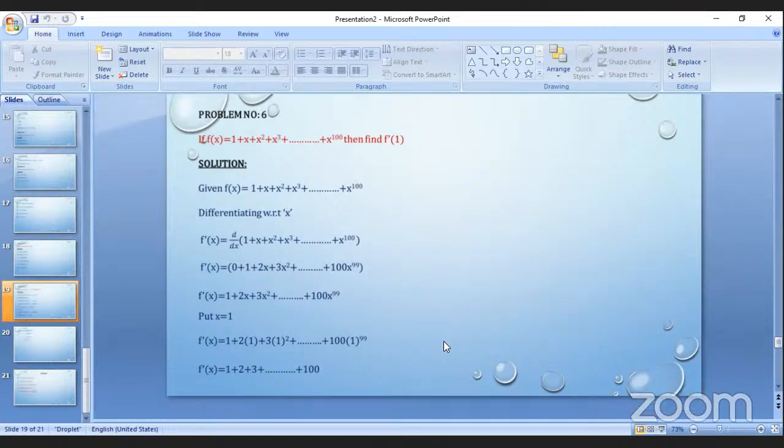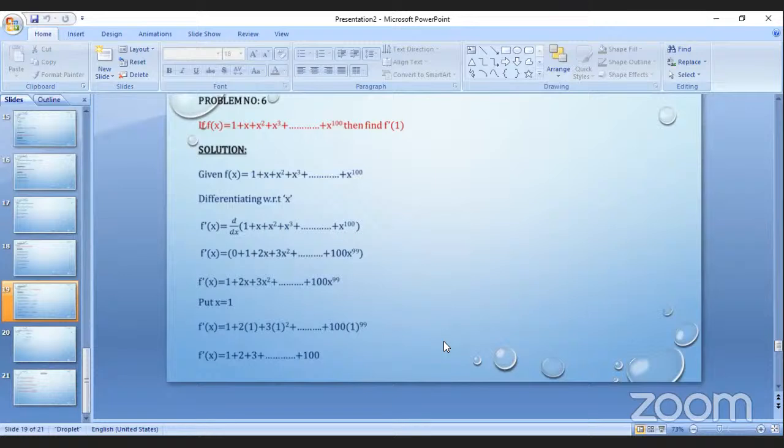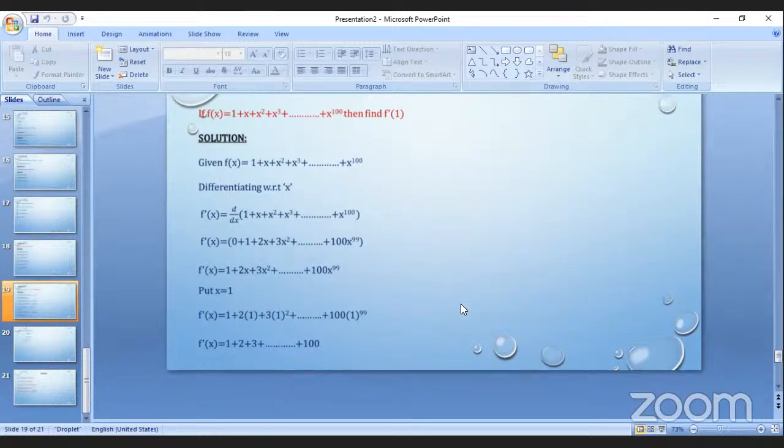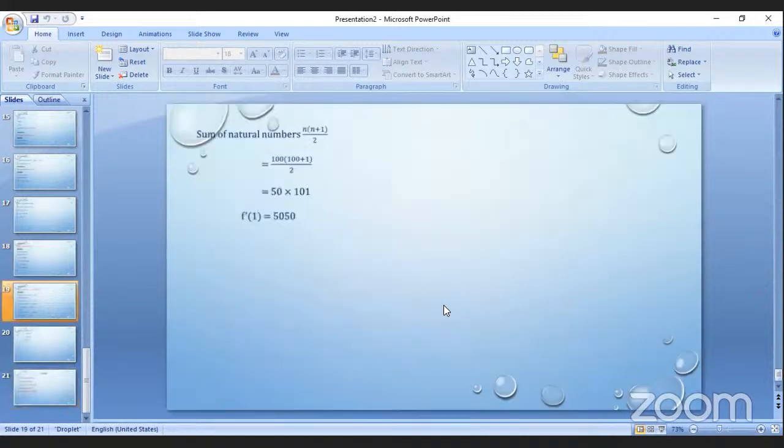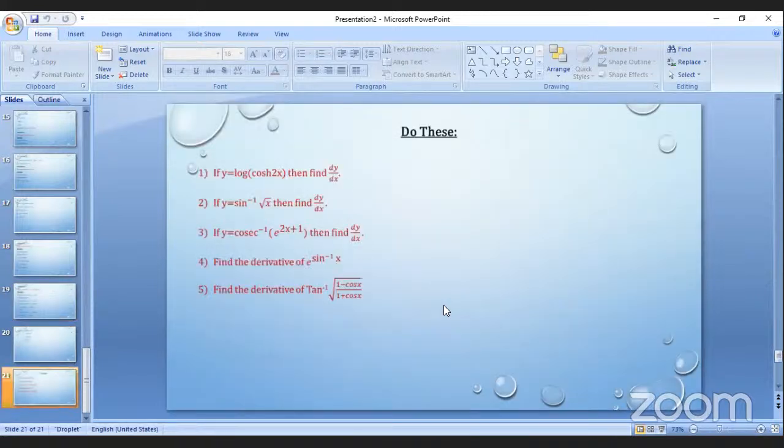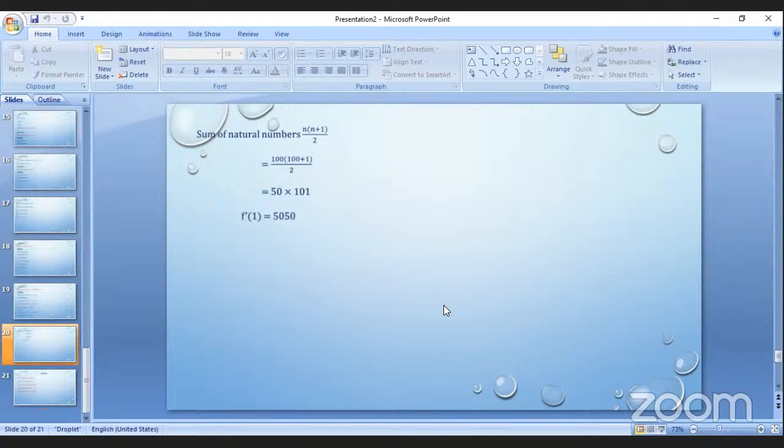We know the sum of natural numbers formula: n into n plus 1 by 2. What is the n value?